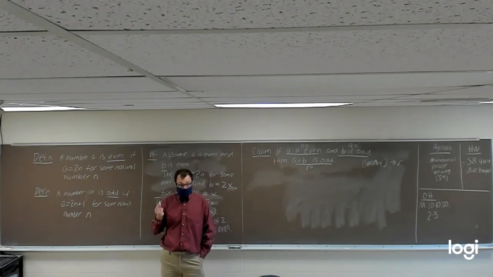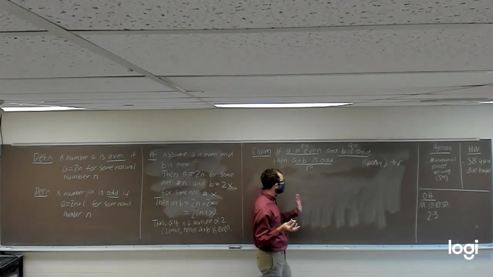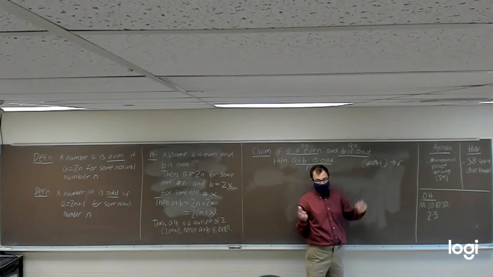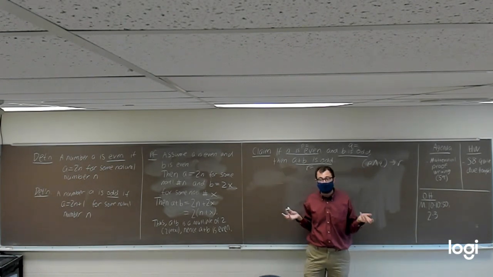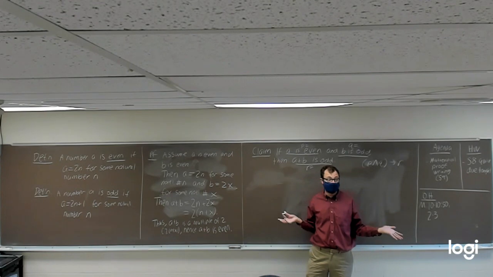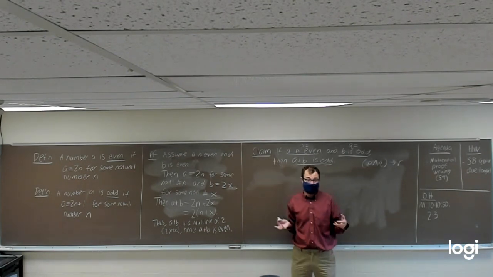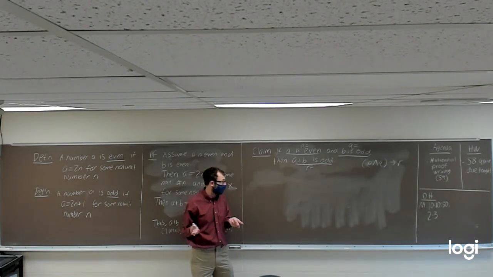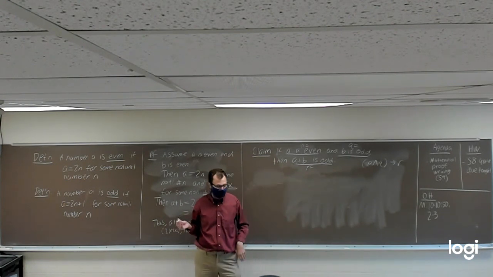So once again, our strategy is going to be the same as our strategy from the front page. We're just going to need to show that under all circumstances where P and Q evaluates to true, R has to evaluate to true. If P and Q evaluates to false, then we don't need to show anything. Then our implication isn't telling us anything about what has to happen. But we just need to show we can't be in the situation where P and Q is true, but R is false.